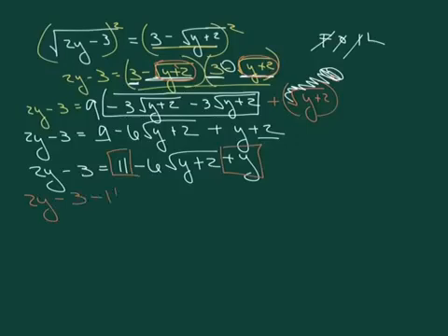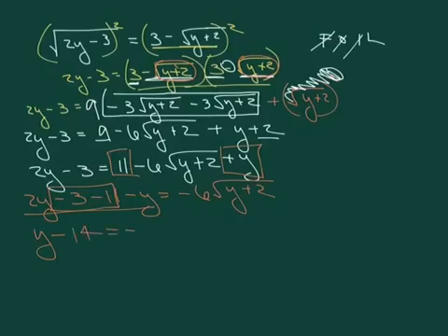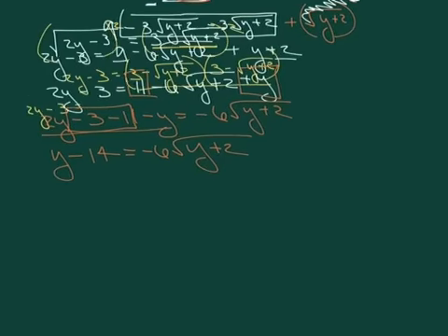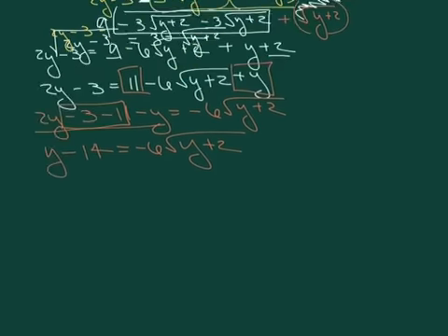So we subtract 11 and subtract a y. Okay, now let's combine what we can here. 2y minus y is 1y. Negative 3 minus 11 is negative 14. Okay, I'm going to see if I can move everything up.